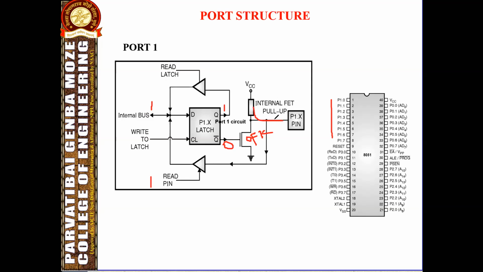So there is no current flowing in this FET, and with the other current flowing here, there is no damage to the FET. That's why, before doing a read operation, one thing should be kept in mind: these pins should be kept high.